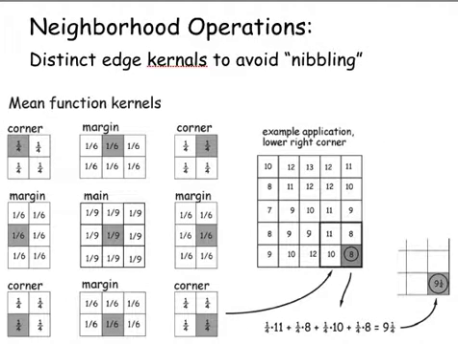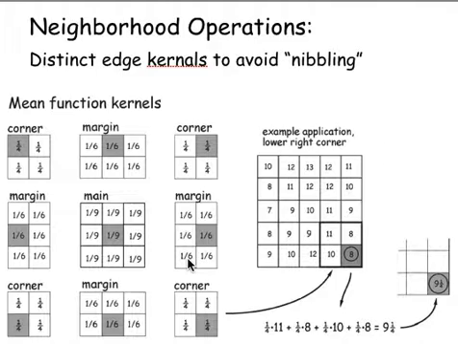So I mentioned earlier how there's this neighborhood nibbling at the edge, and sometimes in some applications you don't want to lose data at the edge, so some folks go to the trouble of making a different kernel at the corners and along the margins so it's different from this main kernel. It has a different orientation, number of cells, different output location, and a different set of values inside the kernel. But this is not standard.